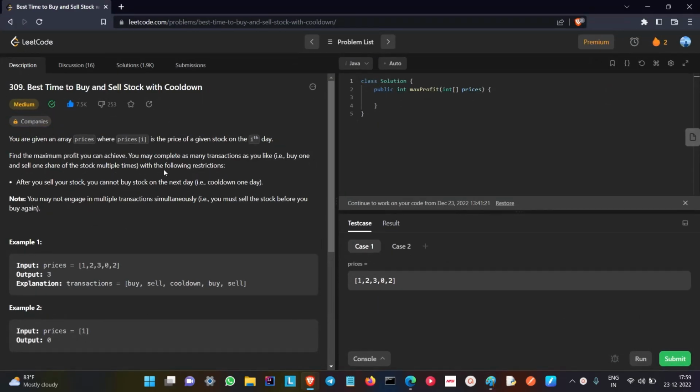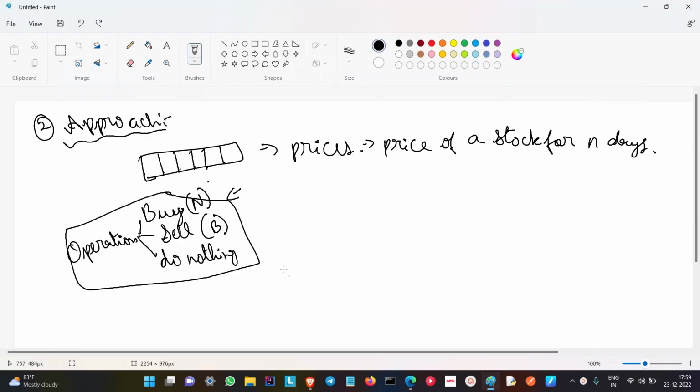We can only buy one and sell one share of stock multiple times. So you cannot buy a stock and again buy a stock. You need to sell before buying a stock. This is the condition given here.